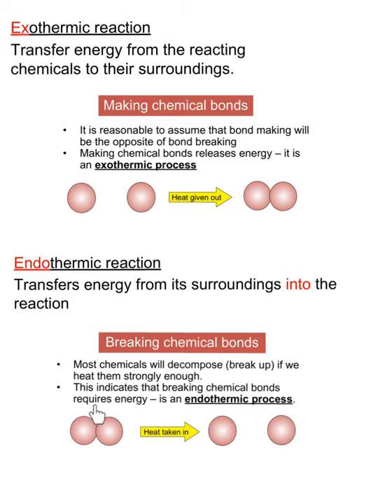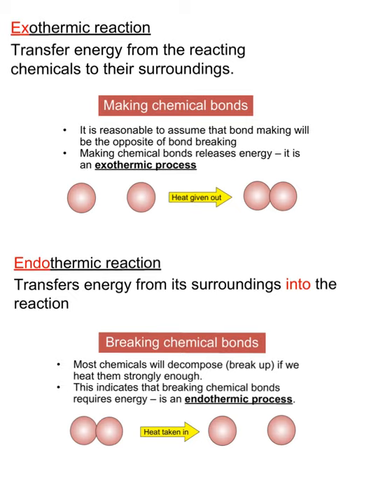To break these particles apart requires energy. Energy is taken in mainly in the form of heat. Then we have our two separate particles, and because energy is taken in, we call it an endothermic process. So breaking chemical bonds is an endothermic process because it takes energy into the reaction.